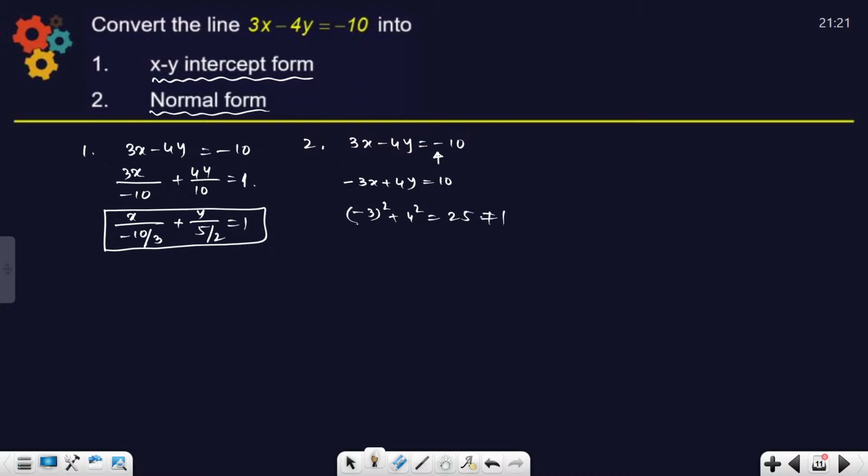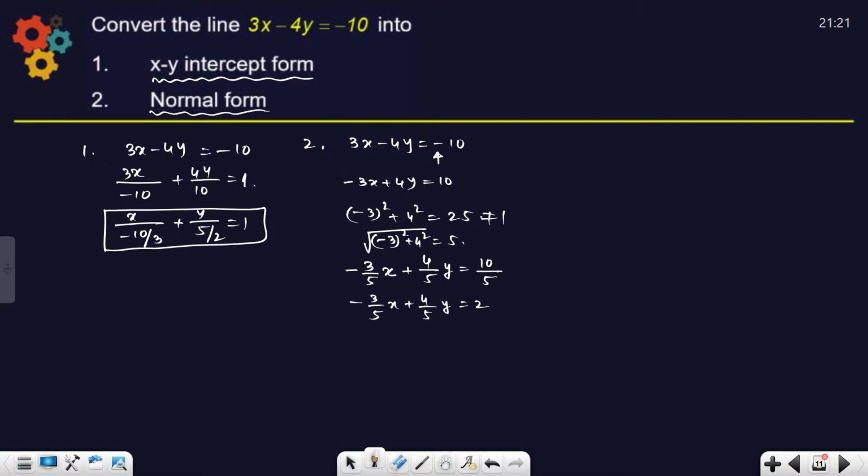So what I have to do is simply divide both sides by root over 25, which is coming to 5. So this equation becomes minus 3 over 5 x plus 4 over 5 y equals to 10 over 5, which gives us 2. Okay?